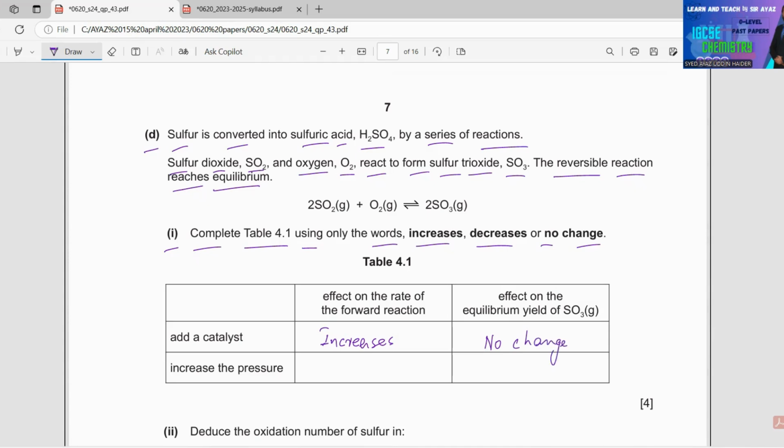Increasing the pressure. So the effect of increasing the pressure, it will definitely increase the rate of forward reaction. So I will write increases. What about the equilibrium yield of SO3? So if you increase the pressure, equilibrium will shift to the right hand side.